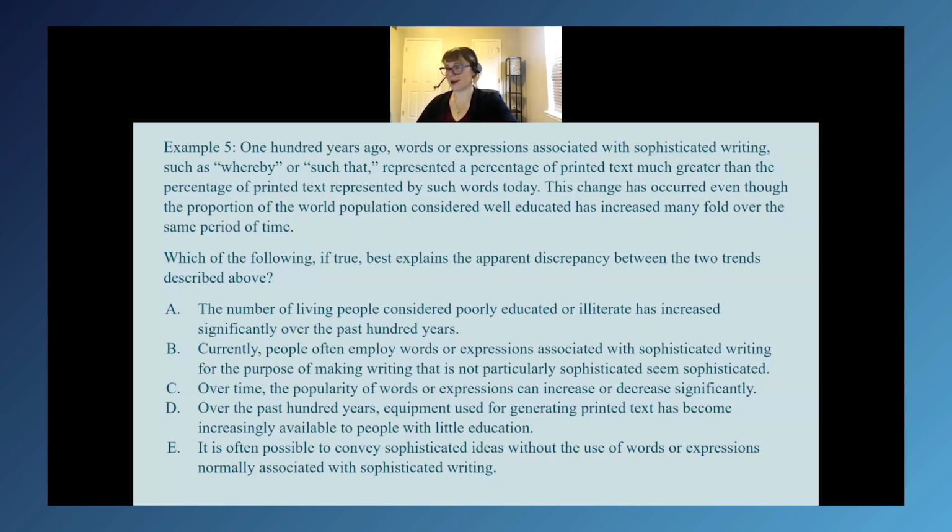Okay. 100 years ago, words or expressions associated with sophisticated writing, such as whereby or such that, represented a percentage of printed text much greater than the percentage of printed text represented by such words today. This change has occurred even though the proportion of the world population considered well educated has increased many-fold over the same period of time.